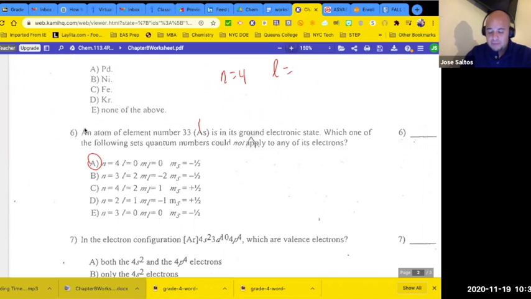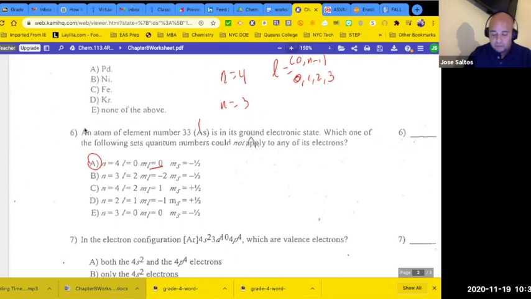Remember that L is in a range of 0 to n minus 1, so my possible values for L could be 0, 1, 2, and 3, because 3 is 4 minus 1. So if our L equals 0, the only possible ML is 0. So this actually makes sense. But we can go ahead and check every single one of them to make sure whether it works or not.